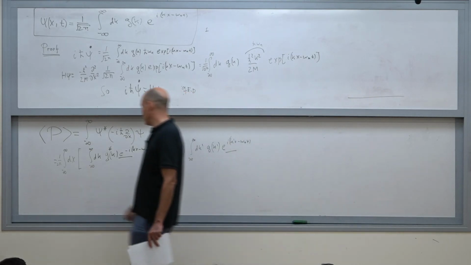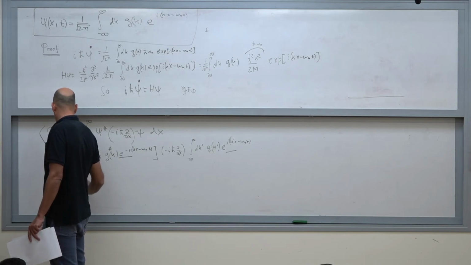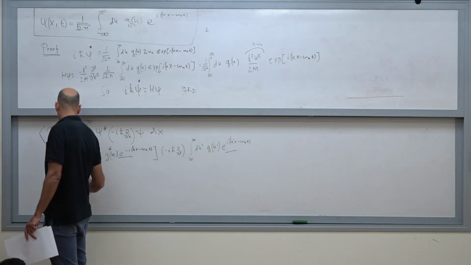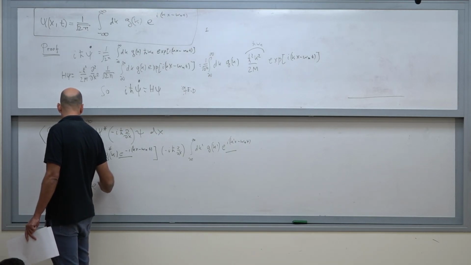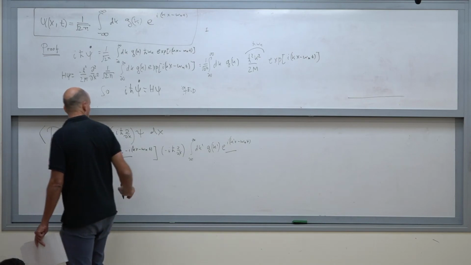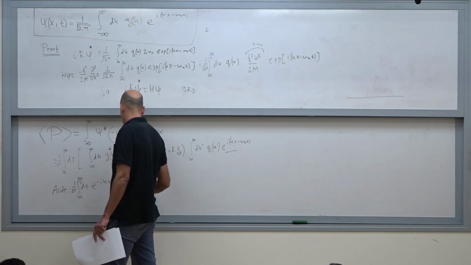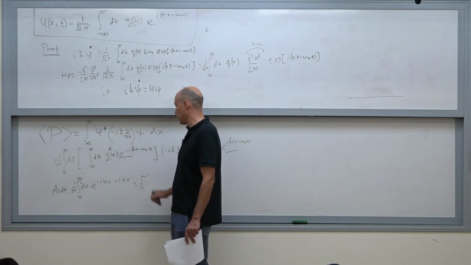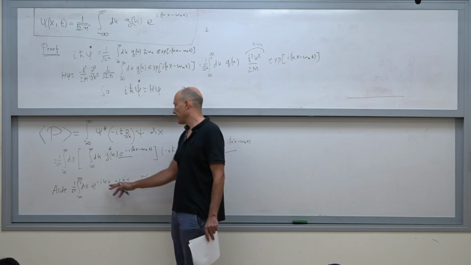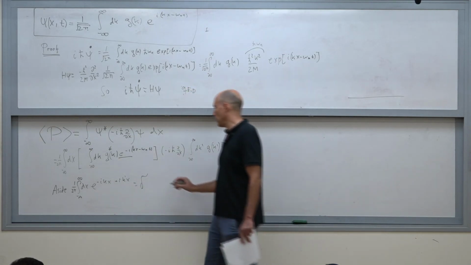So aside, integral 1 over 2 pi from minus infinity to infinity dx e^(-ikx + ik'x). This is a delta function. And delta function of what? You see here, k prime minus k.